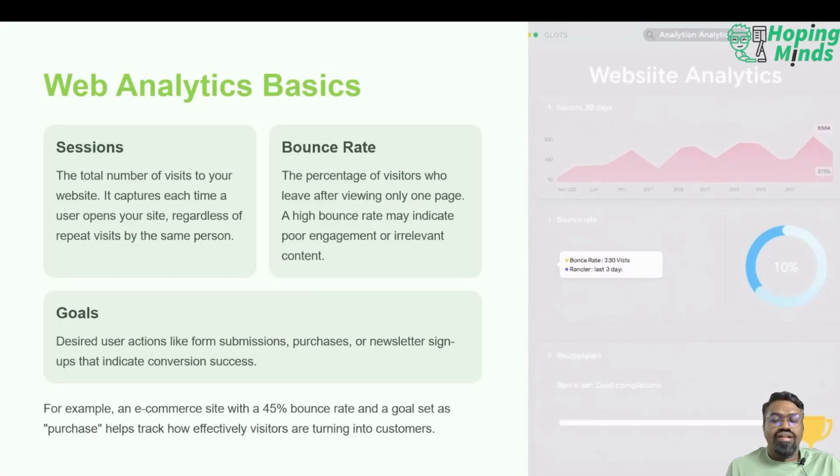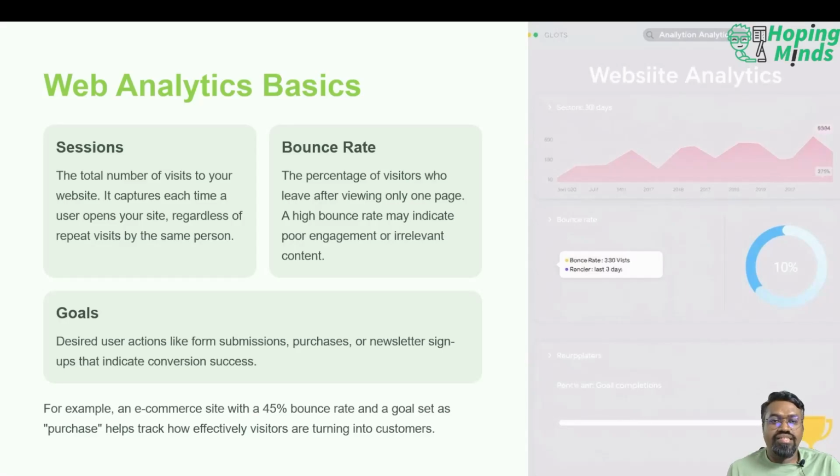For example, an e-commerce site with a 45% bounce rate and a goal set as purchase helps track how effectively visitors are turning into customers. So we need to track these things like how many visitors, how many sessions, how many visitors are visiting the website, and then how many bounces are happening and how many purchases are happening.